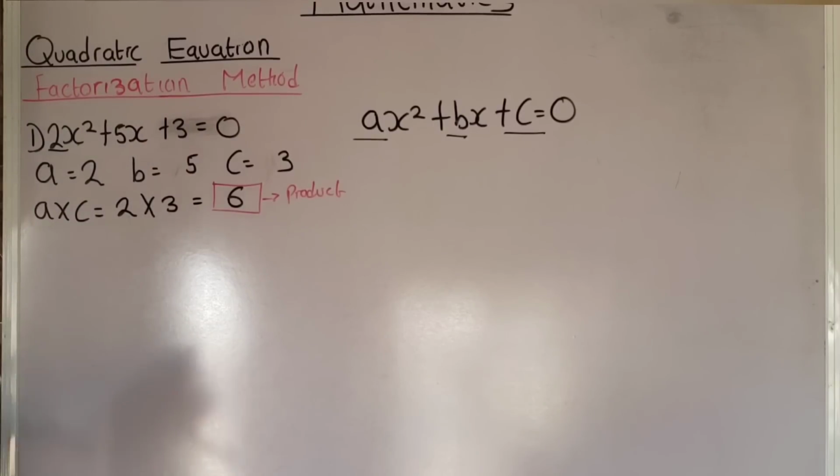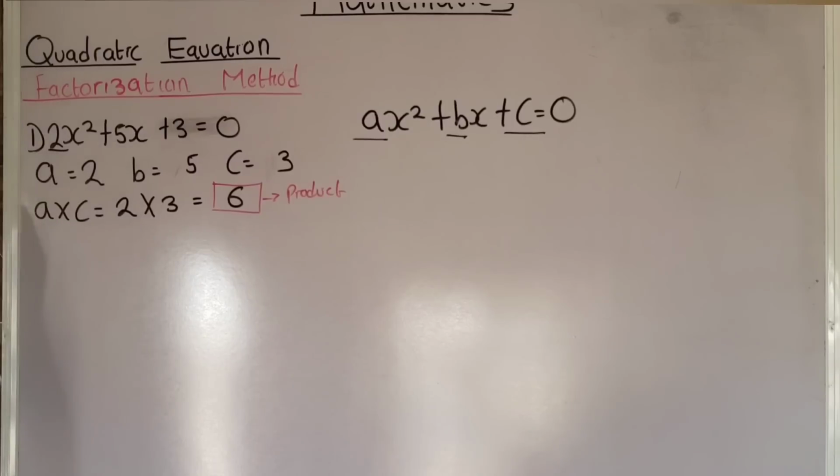And when you sum these two numbers, it will be equal to the second term in the quadratic equation. Let me explain what I mean. The first step in solving a quadratic equation where a is not unity is that you have to take the product of the first term and the constant term.